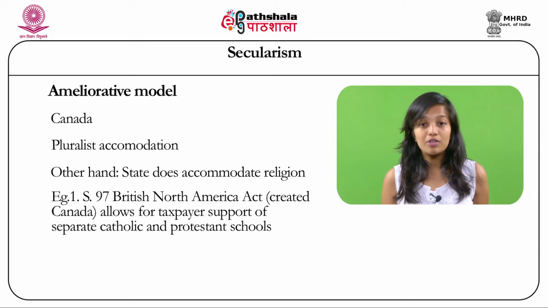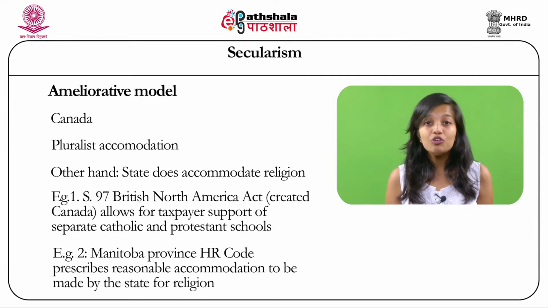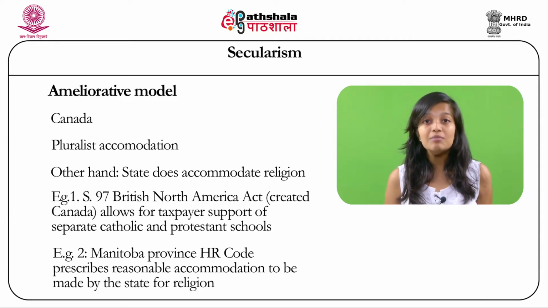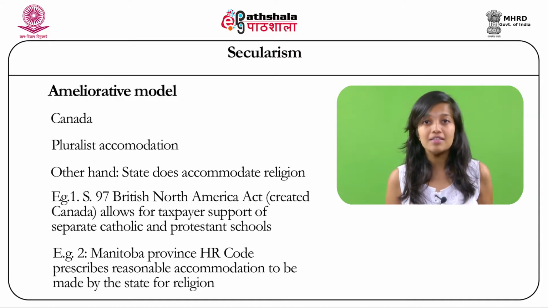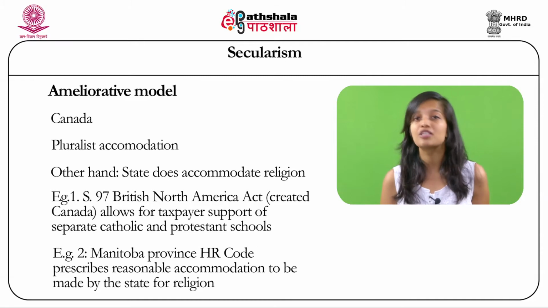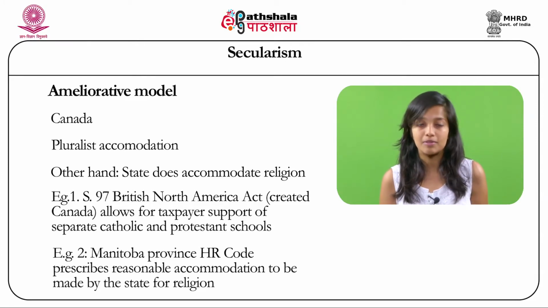Moreover, if we look at a more recent example, within the Manitoba province of Canada itself, the Provincial Human Rights Code prescribes that reasonable accommodations must be made by the state for religion. What does this mean? It isn't that the state simply dissociates itself with religion altogether, but there is to some degree some certain accommodation that needs to be made by the state for religious groups and for religious principles.